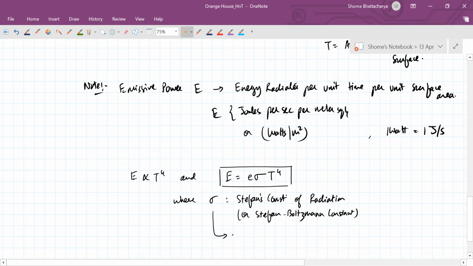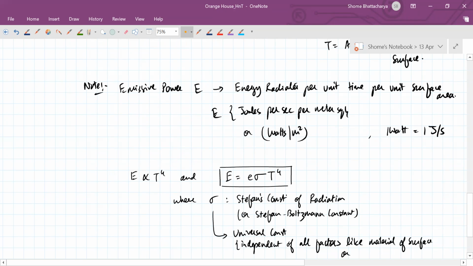It is a universal constant, which means that it is independent of anything else, like the material of the surface or its environment, or temperature, etc. So Stefan's constant is again determined experimentally.